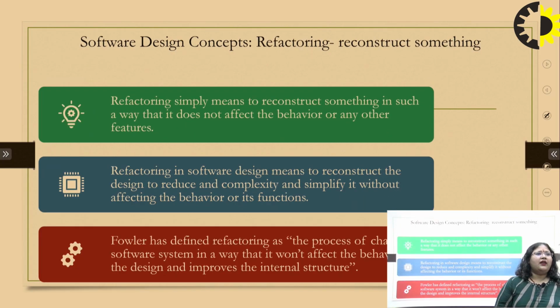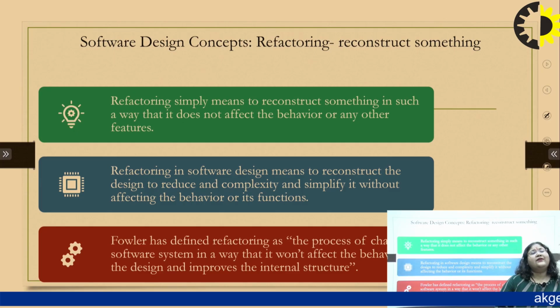What is refactoring? Refactoring means we reconstruct something, defining things not in a normal, usual way. It reduces the complexity of the software and gives effective results in the software design, so that the design is completely outstanding in front of the users. So the behavior of the user for that particular design is highly observed.